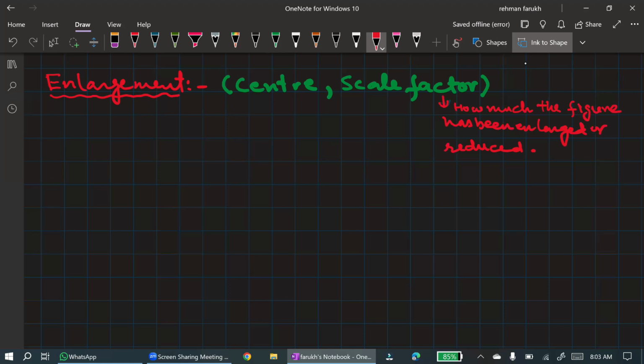Now, first of all, we will learn how to find out the center and the scale factor of the enlargement when image and object are given.